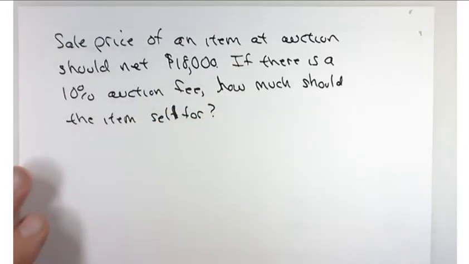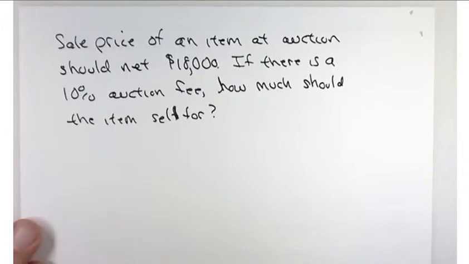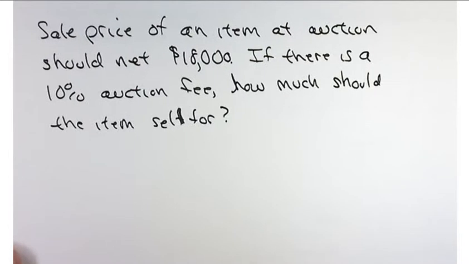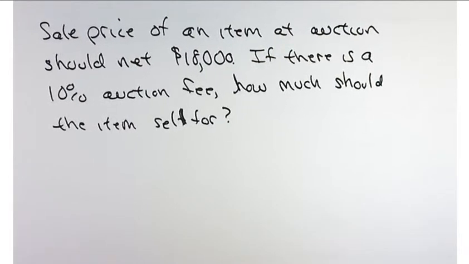So you got your item, it's going to sell for a certain amount, but then you got to pay 10% to Christie's or Sotheby's, whoever's holding the auction. How much does it have to go for in order for you to net $18,000? How do you calculate your net price?